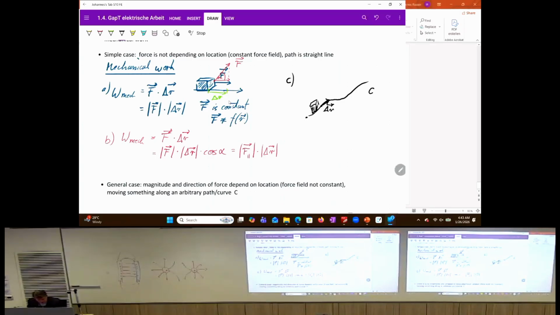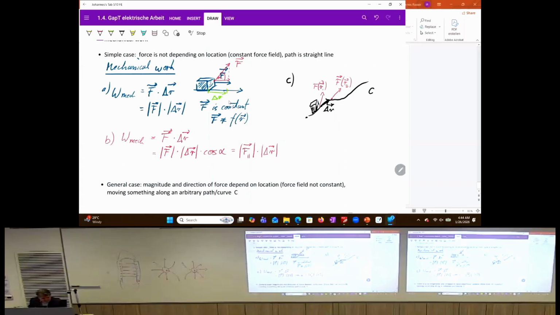But now you have the special case where at that part of the path, at position r1, a force acts in this direction. If you go further along the path, at position r2, you might have a different direction and possibly a different magnitude of the force. You have a force vector of r2.